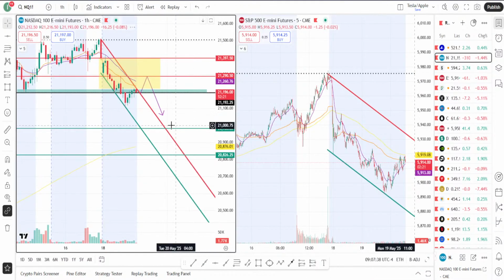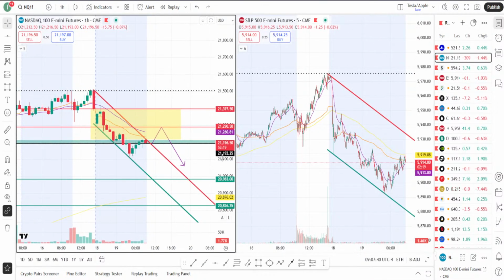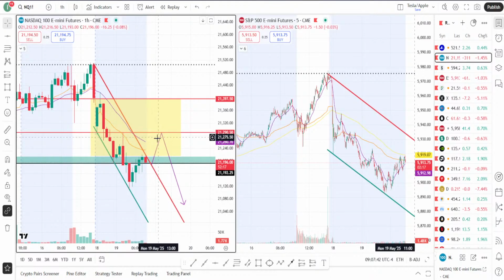So we have a gap on the chart, so price could go up, try to attempt to fill that gap. There's an area of supply here, so we can look to sell at that previous supply zone.